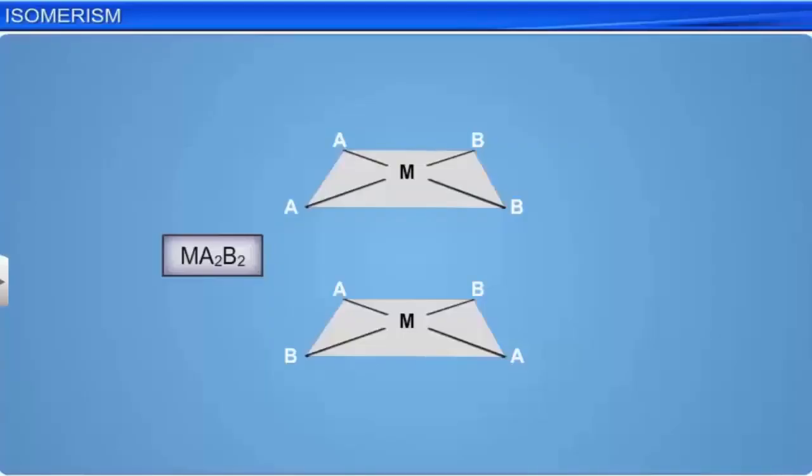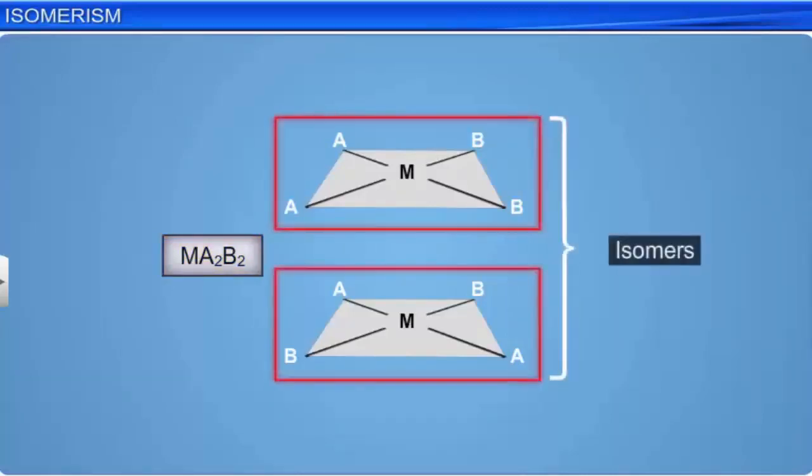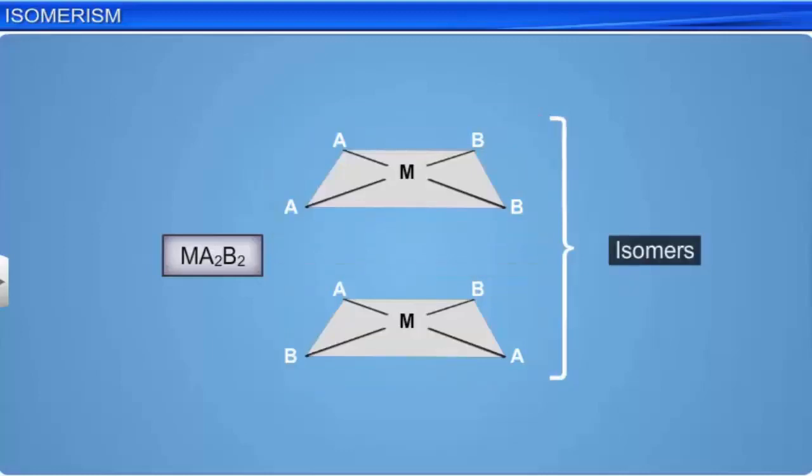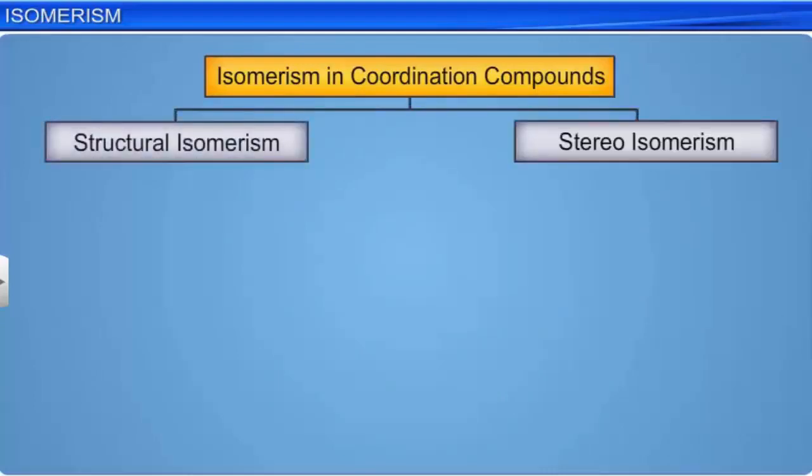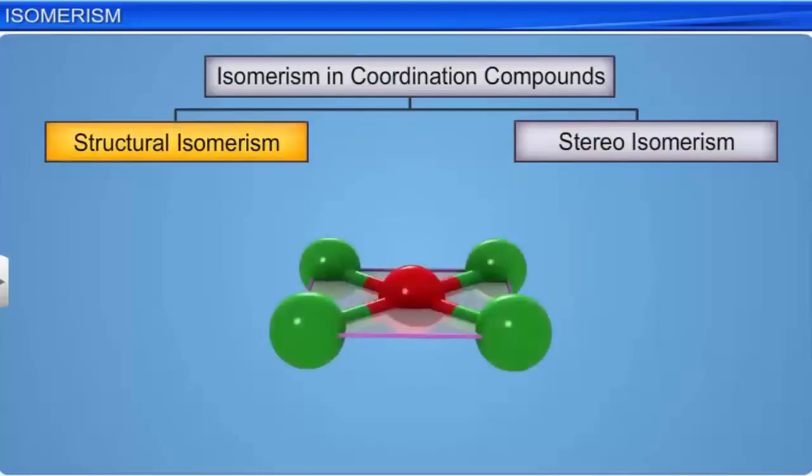Two or more compounds with the same chemical formula but different structural arrangements are called isomers. The phenomenon is known as isomerism. Isomers differ in one or more physical or chemical properties because of the difference in the arrangement of the atoms. Isomerism in coordination compounds may be broadly divided into two types: structural isomerism and stereoisomerism. Structural isomerism arises due to the presence of different kinds of bonds between the metal and the ligands.